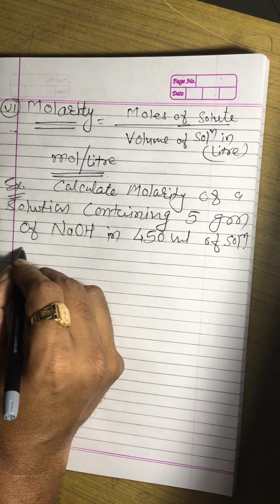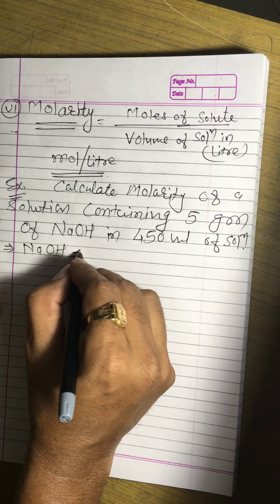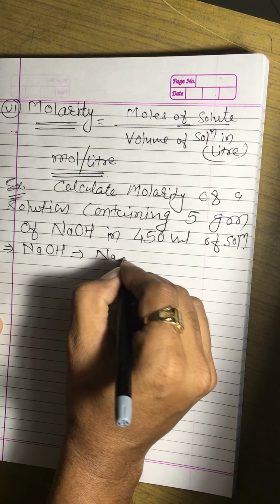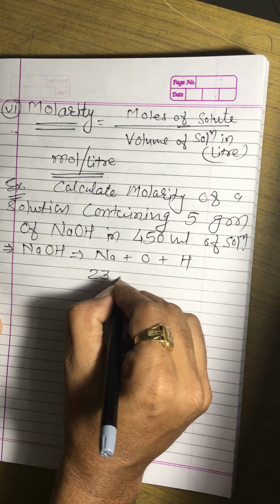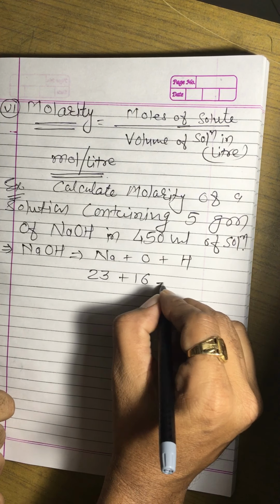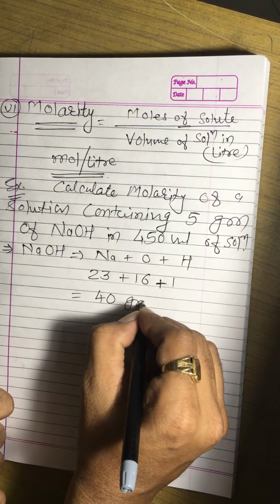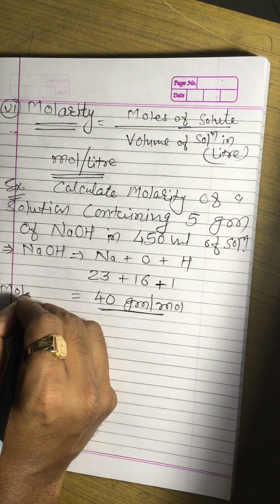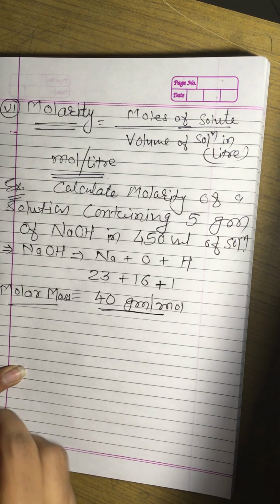First of all, our component is NaOH, so we have to find the moles of NaOH. NaOH is Na plus O plus H. Atomic mass of sodium is 23, for oxygen it is 16, and for hydrogen it is 1. So the total is 40 gram per mole. That is the molecular mass or molar mass of the solute, NaOH.